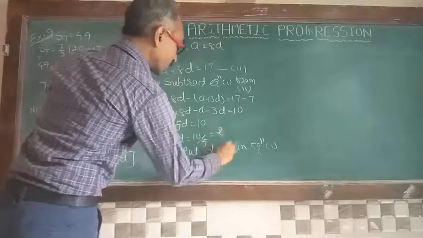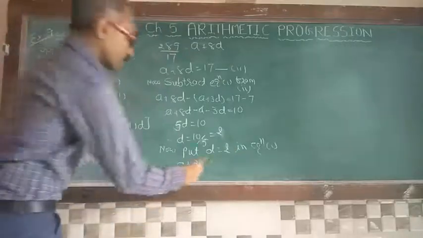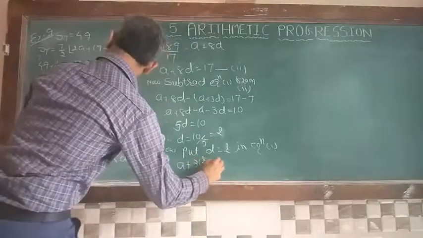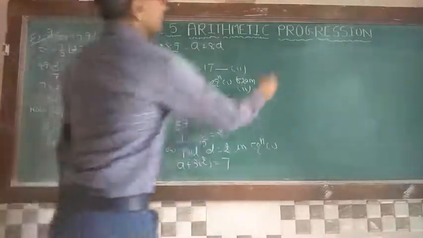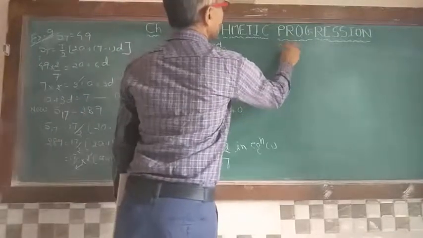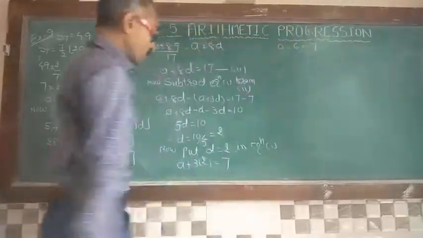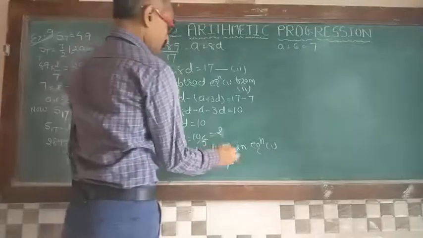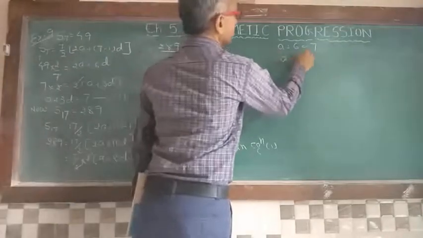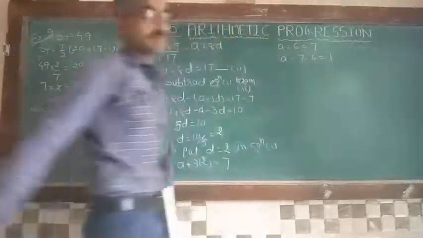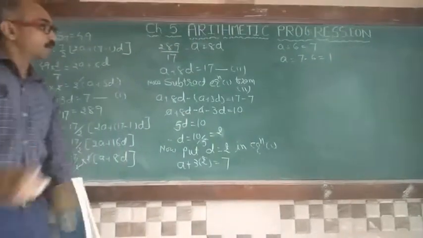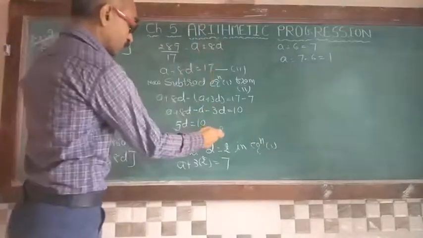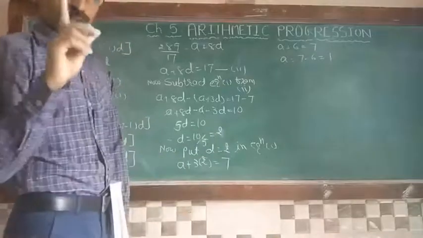So put the value of D is equal to 2. So here 2 is equal to 7. That means A plus 6 is equal to 7. Okay. So A is equal to 7 minus 6, that is 1. Now we have two values, D is equal to 2 and A is equal to 1.